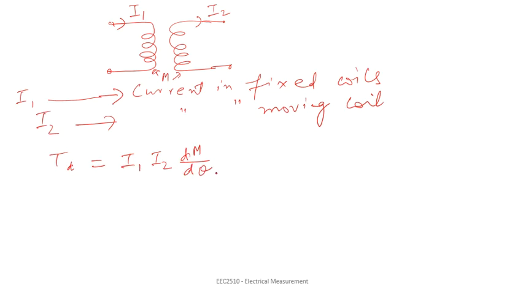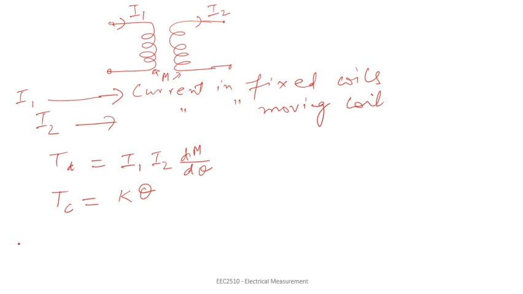This is the final steady state deflection. And the controlling torque, which is T subscript C, will be written as k theta, because the controlling torque will be produced by the springs. K is the spring constant.